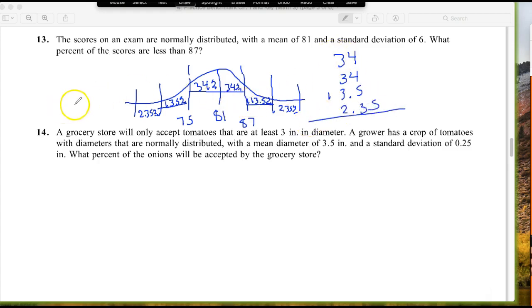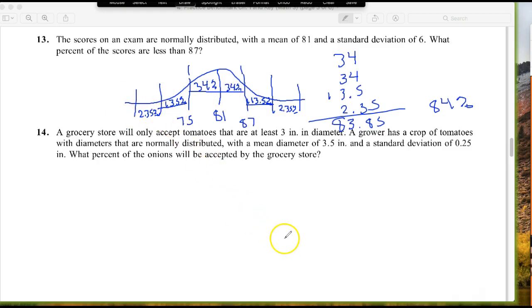That's the percent of scores that are less than 87. If I add these up, I get 83.85, which you would round to about 84%. So if this falls within 1 standard deviation, 84% will be below it.